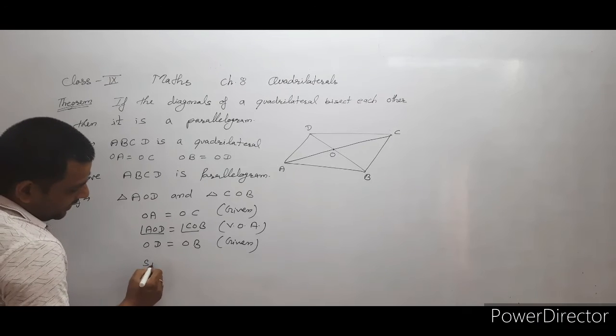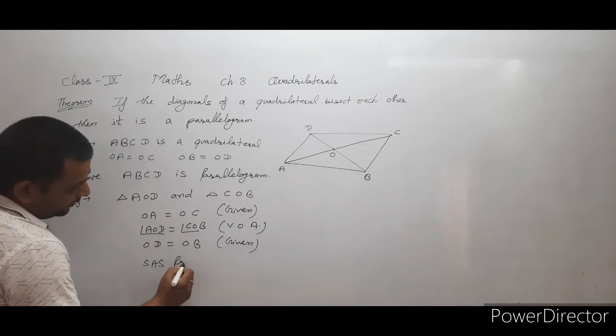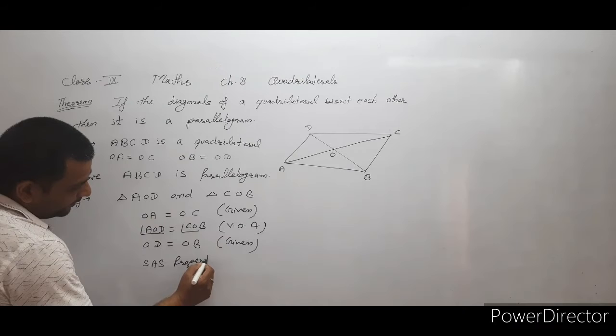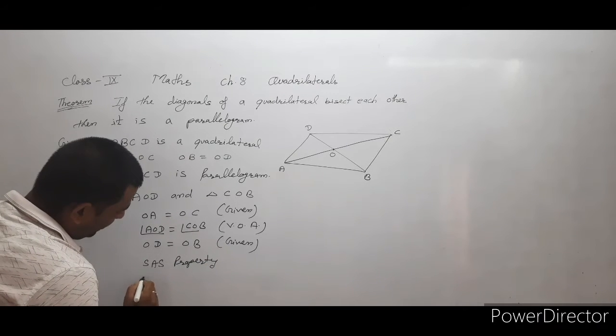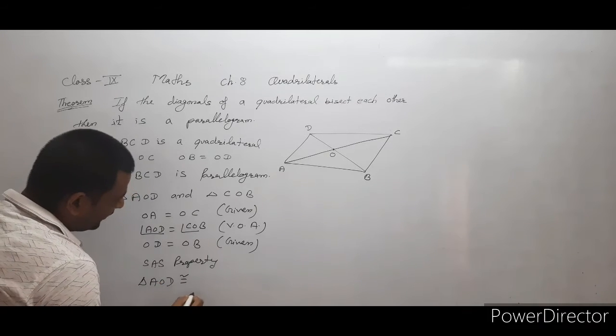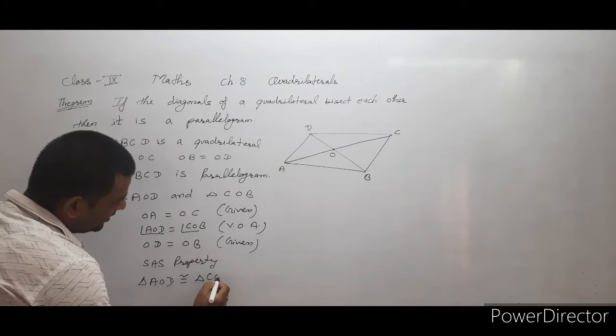So by SAS rule, we can say that triangle AOD is congruent to triangle COB.